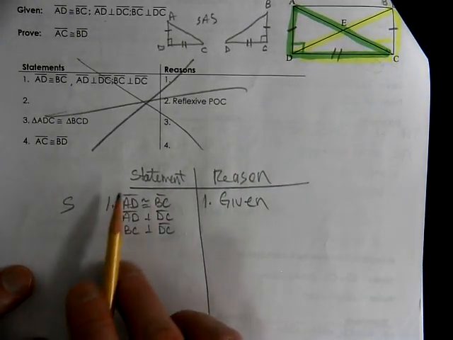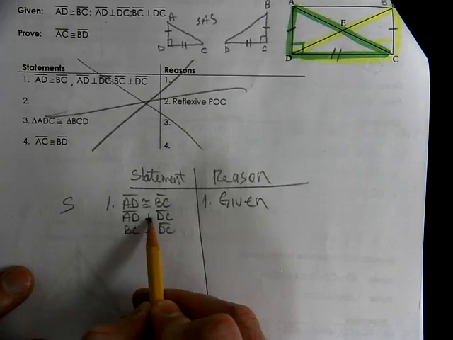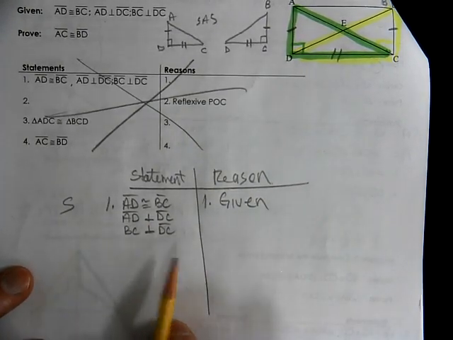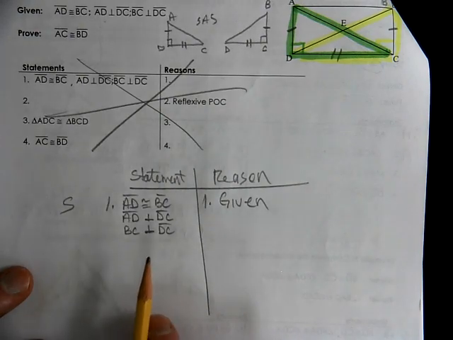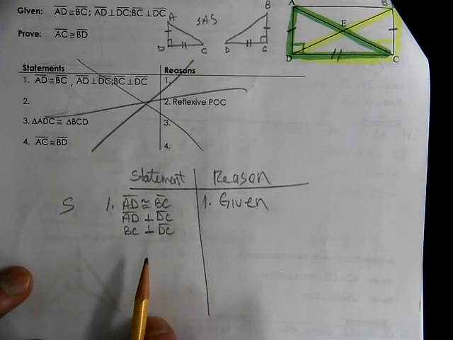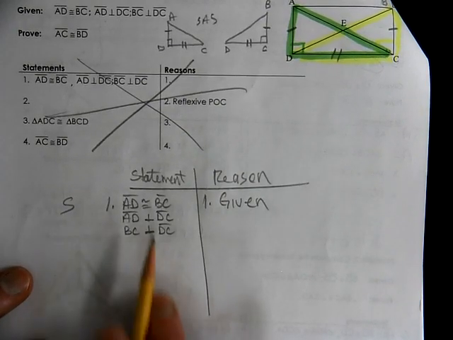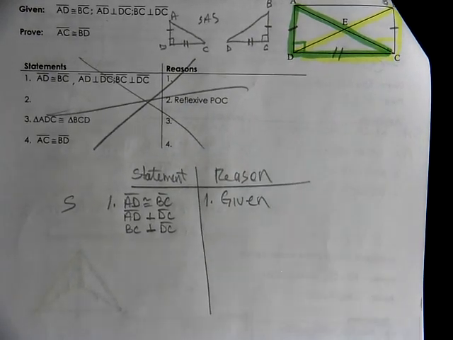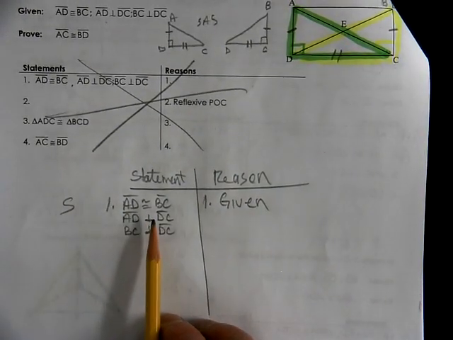Let's just start with this given information. What does this given information mean? What else can I talk about when I see this given information? What's it going to lead me to? What does it mean? What does it create? Take a look at these perpendiculars.